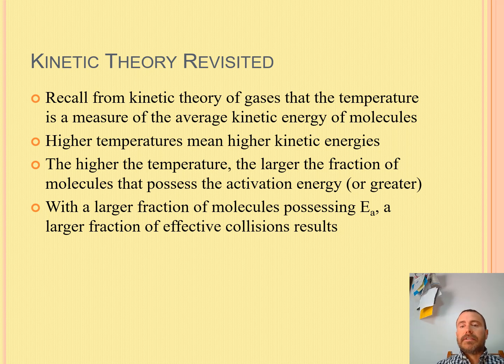And so at higher temperatures, our gas molecules are moving faster, thus they have a higher kinetic energy. Just like if you're thinking about a car moving 5 miles an hour versus a car moving 100 miles an hour, you'd rather get hit by the one moving 5 miles an hour, because the faster one has more kinetic energy. That's the same thing as with a higher temperature. As we increase the temperature, more and more of our gas molecules are moving at a faster speed.